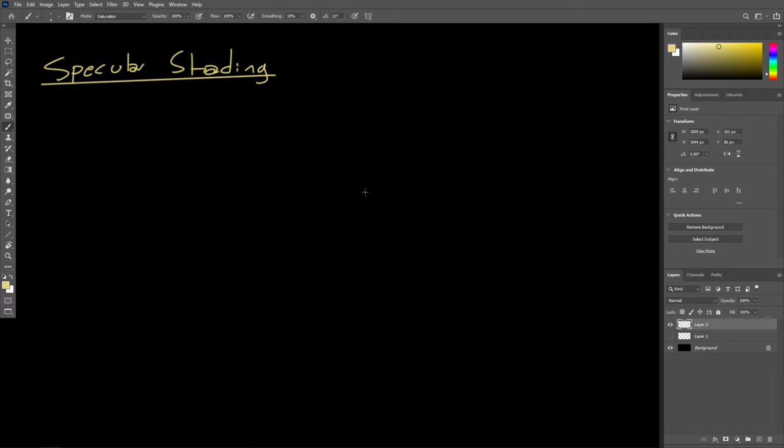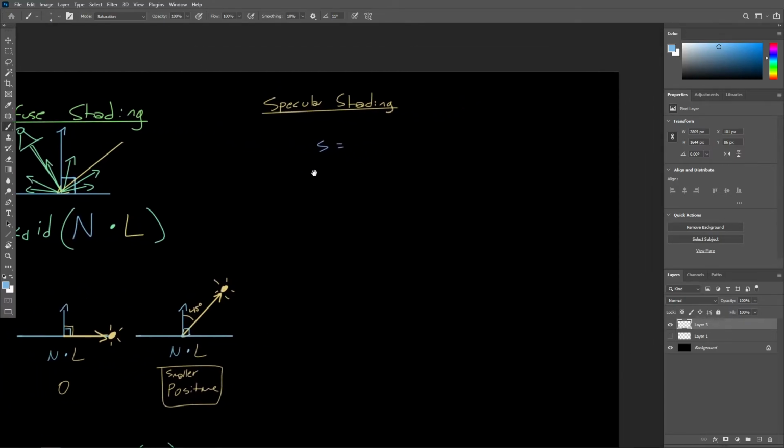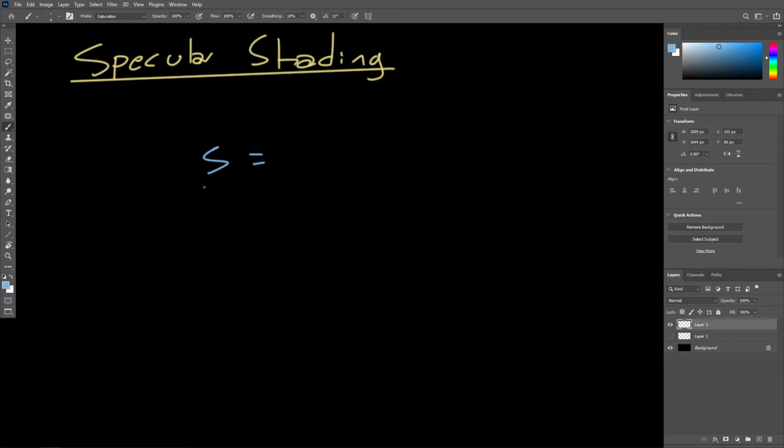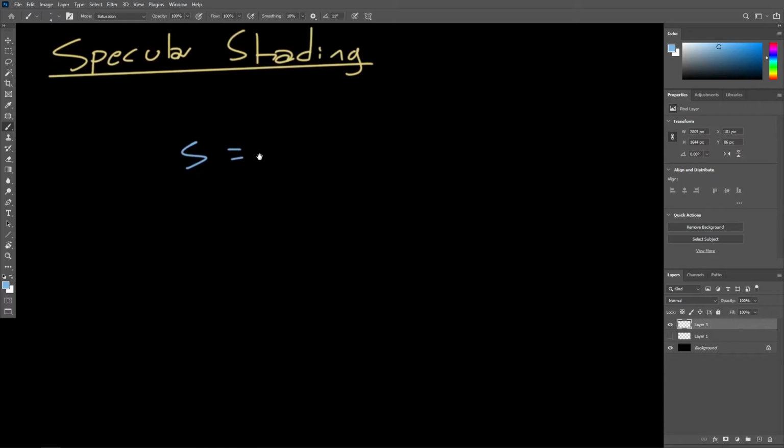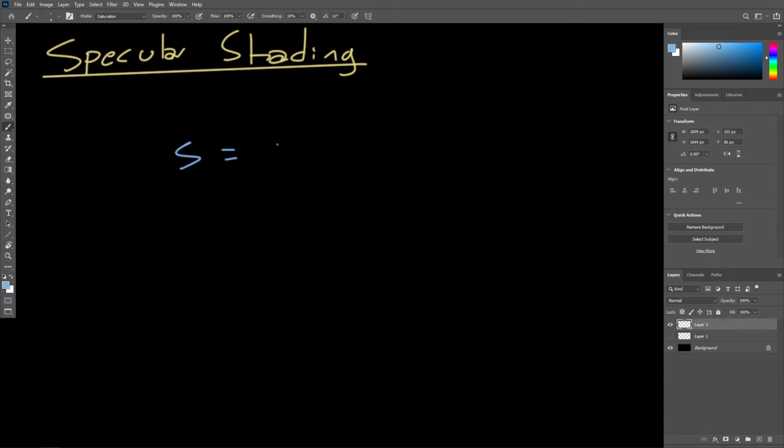So we'll start off describing our specular reflection calculation in a similar way to the diffuse term that we just took a look at. We're going to see that our specular energy is going to be equal to, again, a specular reflection coefficient.